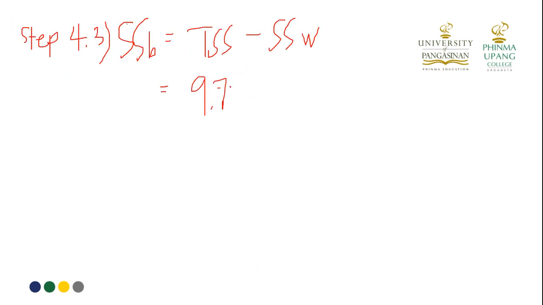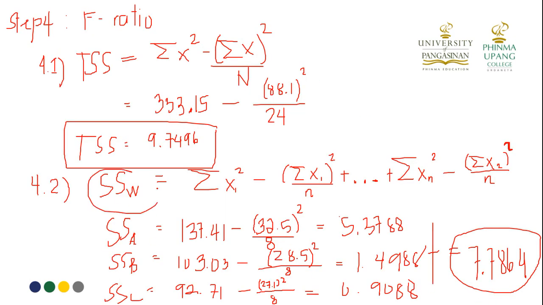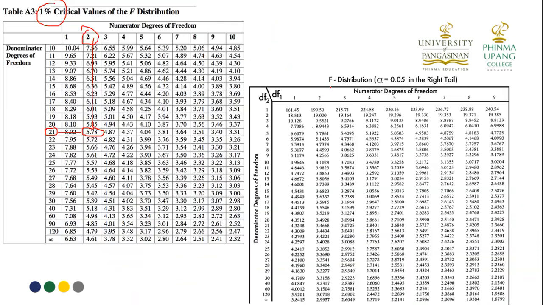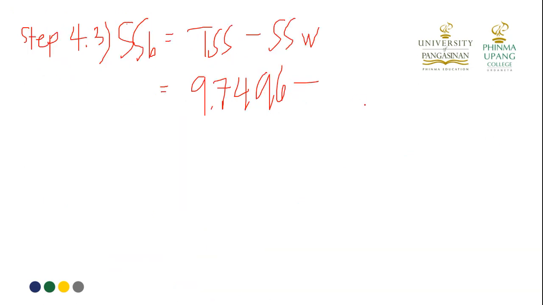So, 9.7496 minus SSW natin, nakuha na natin, ito yon 7.7864. So, ilan po yung sagot? 1.9632. So, 1.9632. Para pa uniform tayo for decimal places po.